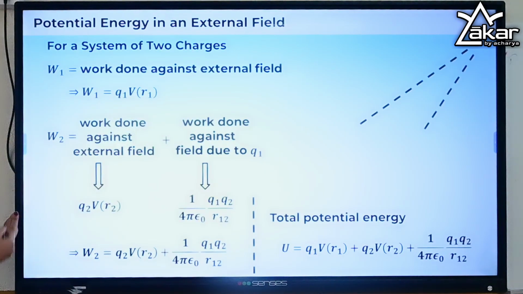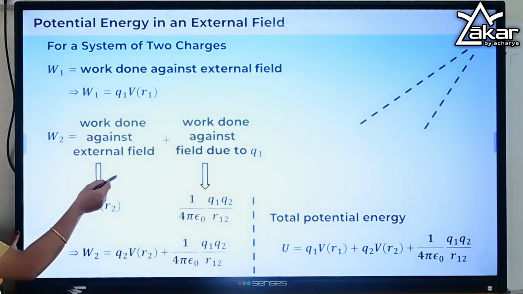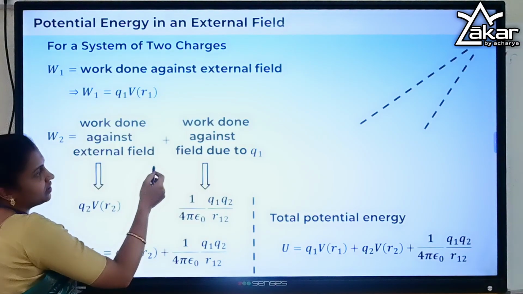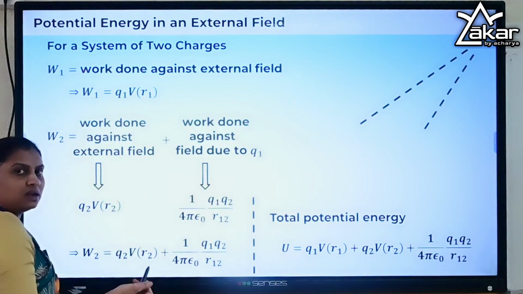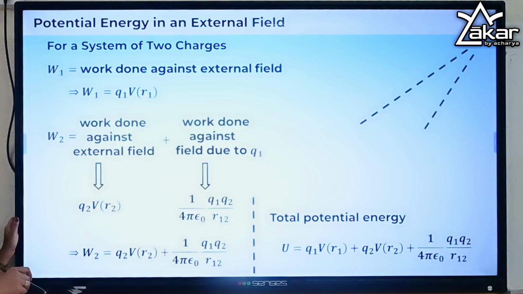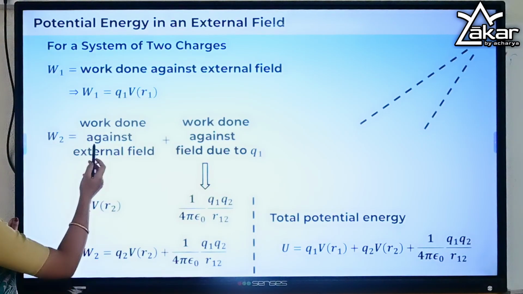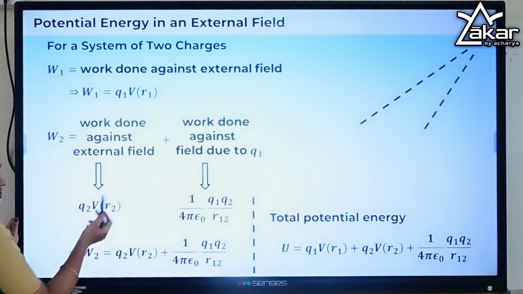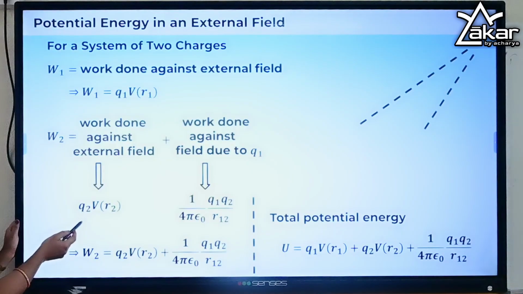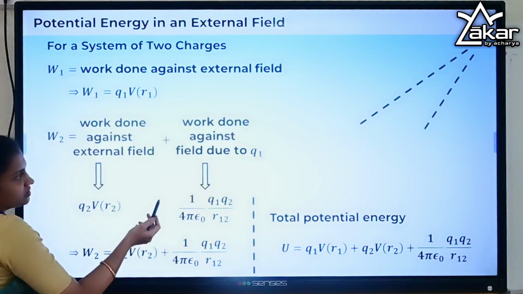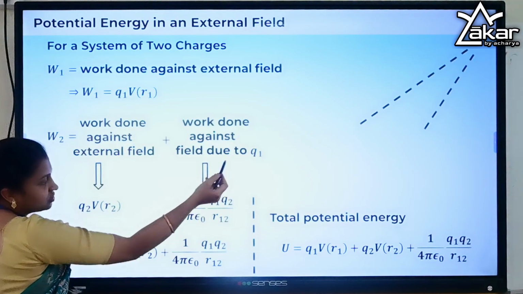That is, W2 is equal to the work done against the external field with charge Q1, Q1 V of R1, plus the work done against the electric field of the charge Q1 while bringing charge Q2, which is Q2 into V of R2, plus the interaction term.